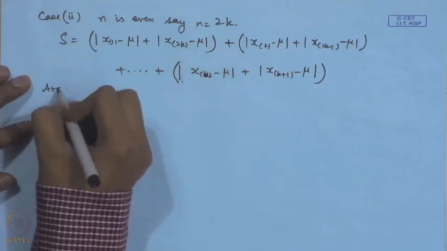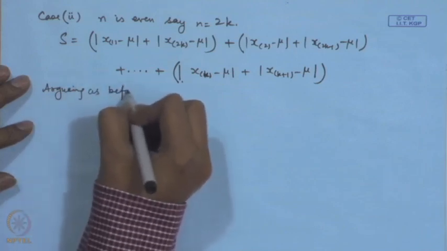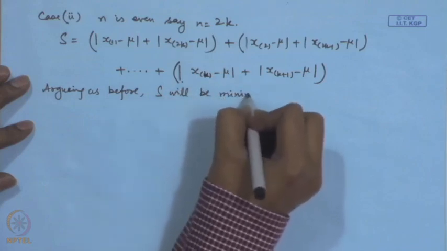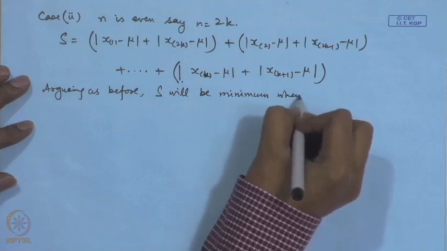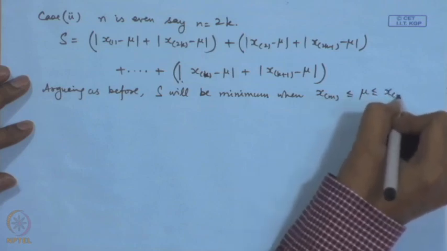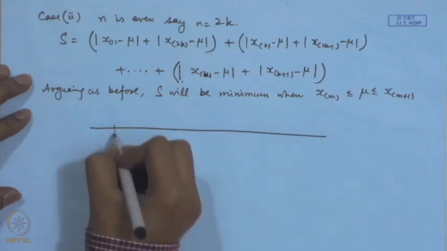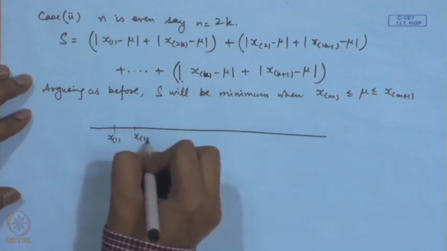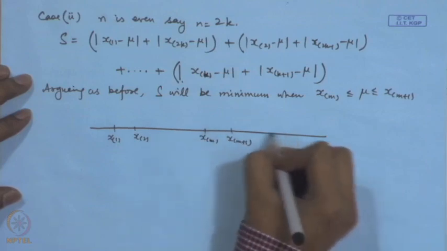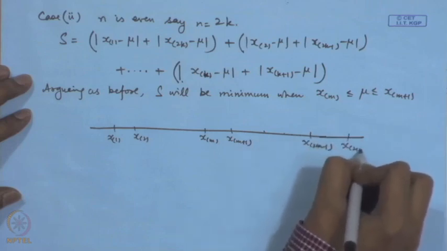So, if we give the argument as before, S will be minimum when x m is less than or equal to mu less than or equal to x m plus 1. Because now on a scale x 1, x 2, x m plus 1, x 2 m minus 1, x 2 m.